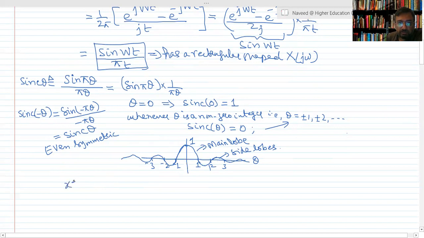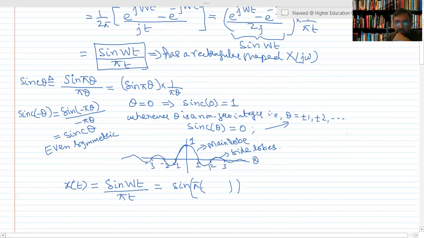Now in our example, we got this function sine Wt divided by pi t. Let us try to convert it into a sinc function, and then we will see its plot. First we need a pi here, and then everything else is theta.